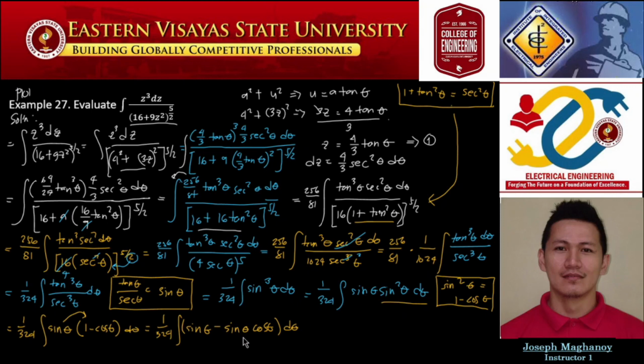Okay, so we rearrange sine cosine. Sine squared theta is equal to 1 minus cosine squared theta. Okay, do we have identities again that we can use?